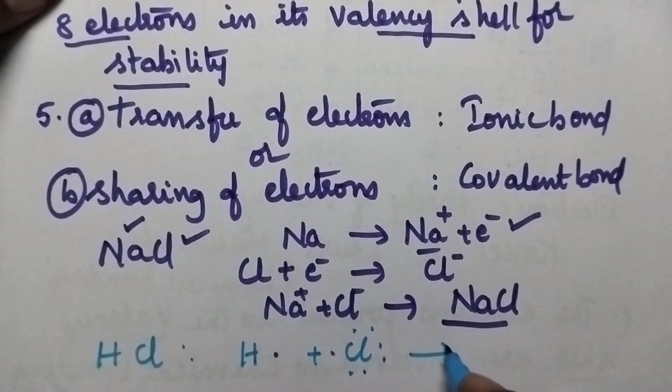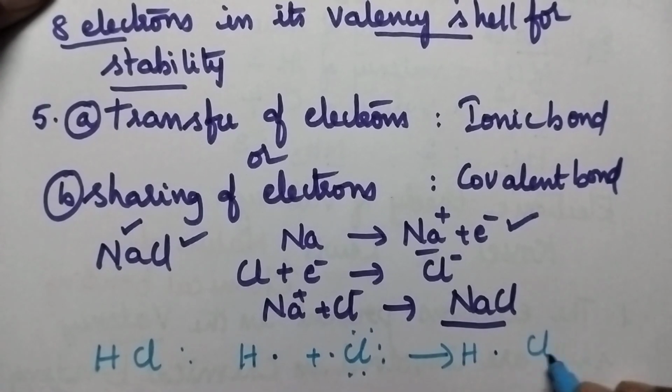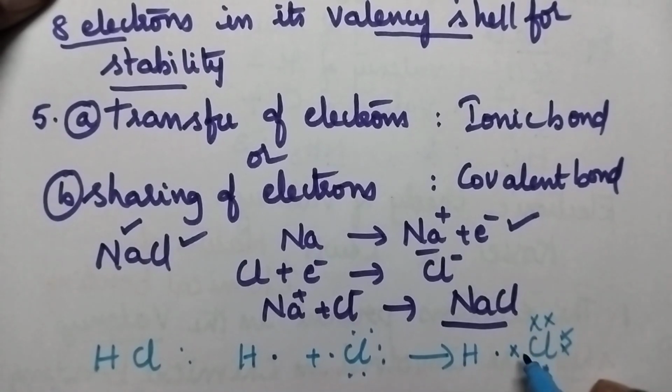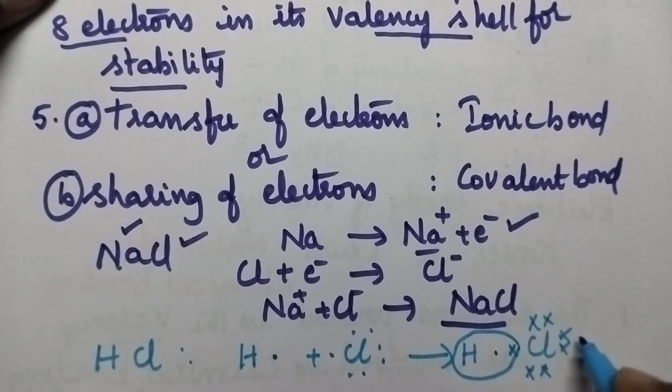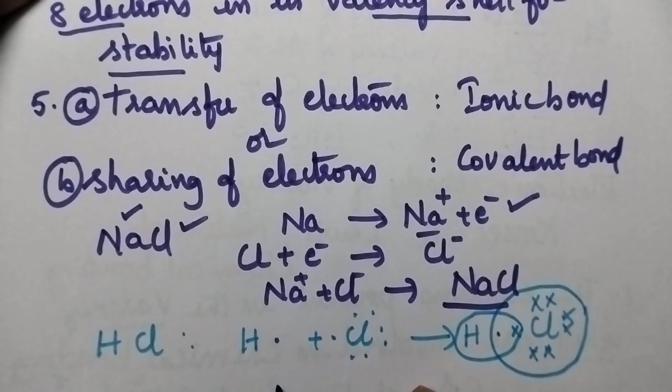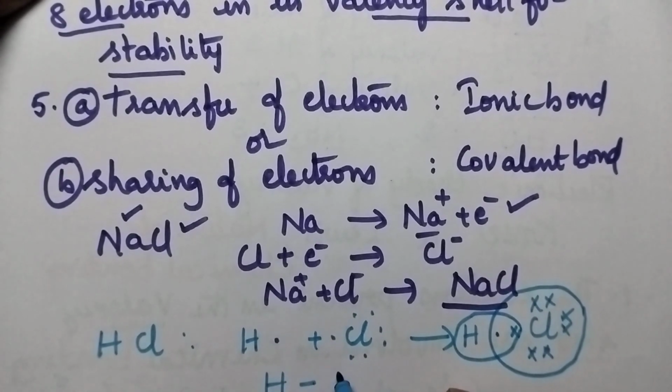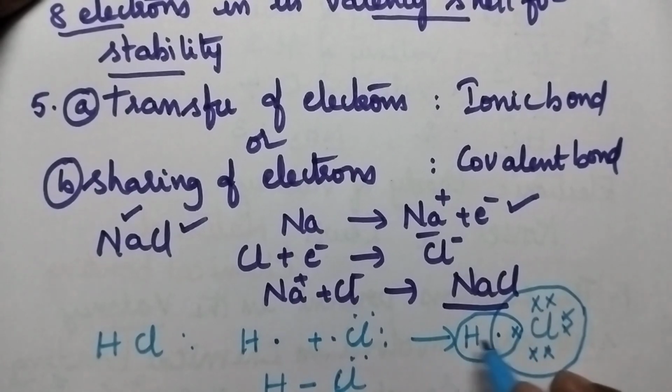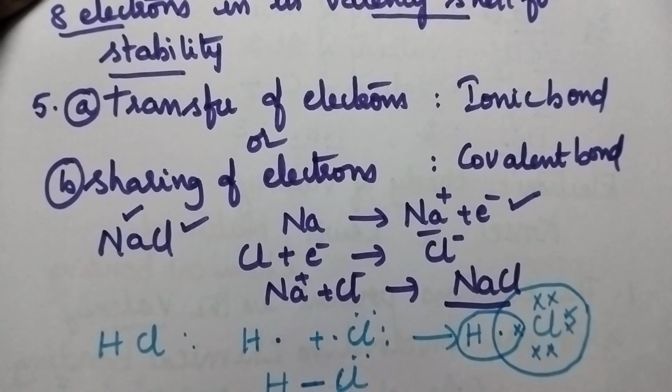So to attain stability, hydrogen will contribute 1 electron, whereas the chlorine atom will contribute 1 electron. And as a result, a covalent bond is formed between the hydrogen and the chlorine atom. Here the electrons are shared between hydrogen and chlorine atom, so it results in the formation of a covalent bond.